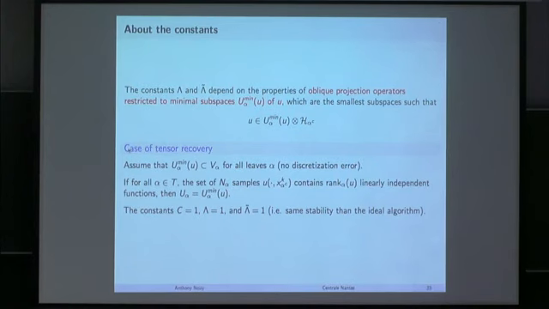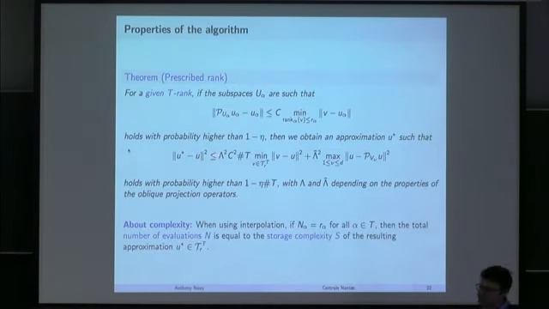I will not go into the details. What I said about the constants lambda and lambda tilde is that they are a kind of Lebesgue constant associated with your oblique projection operator. What is known is that when you do interpolation in high dimension, the Lebesgue constants behave dramatically.